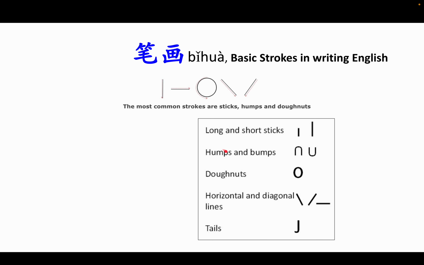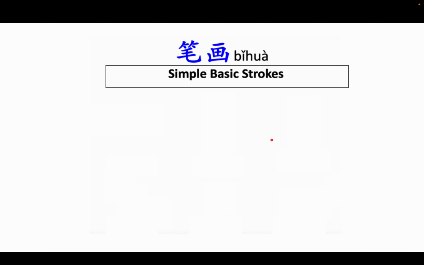Of course, the most common strokes are sticks and humps, donuts, and of course, you also have horizontal and diagonal lines and tails. So when we write letter A, we will say donuts and a stick, for example.